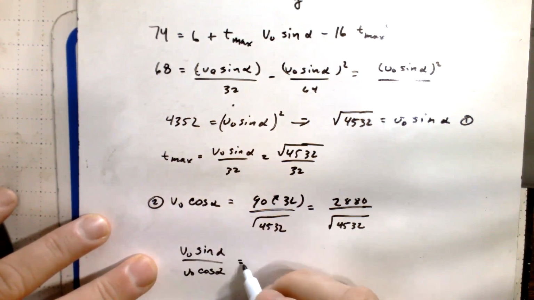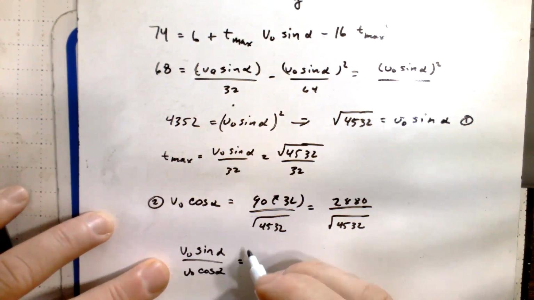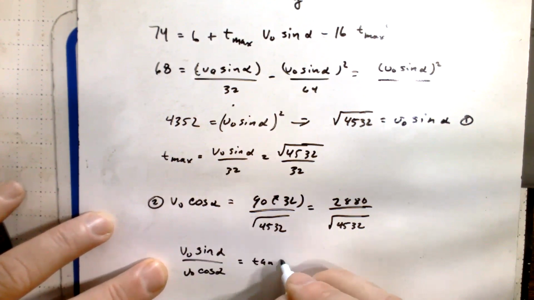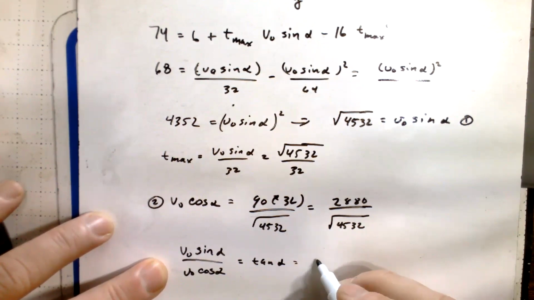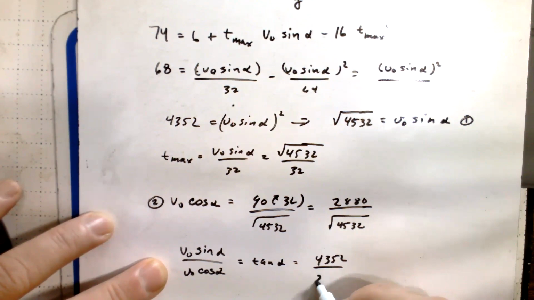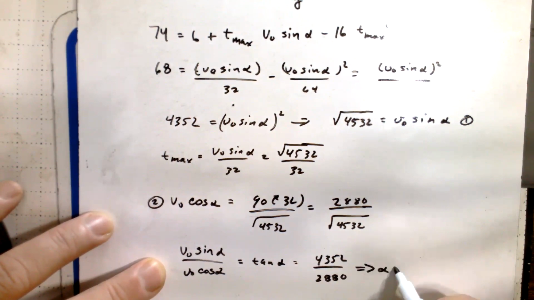Nice things there, those will reduce to a single function. This is going to give me tangent of alpha. And what is that equal to? That's equal to 4352 divided by 2880, which implies then that alpha is approximately 56.5 degrees.